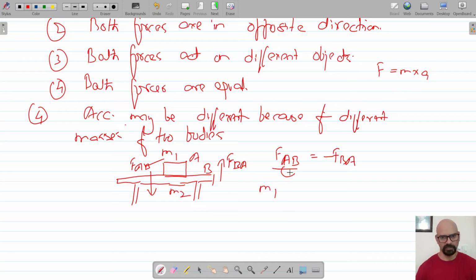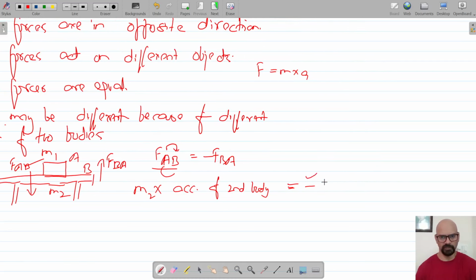So the force applied by object A on B is the mass of object A into the acceleration of the first body, and this is equal to negative, the negative being for the opposite direction, the force applied by B on A, which is m2, the mass of the second object, into the acceleration of the second body.